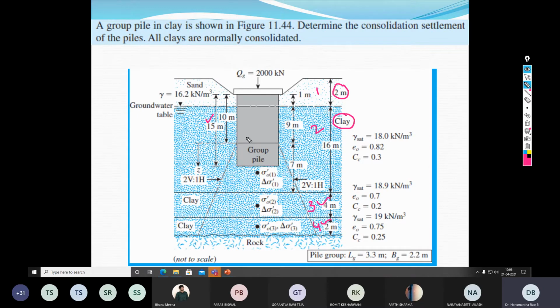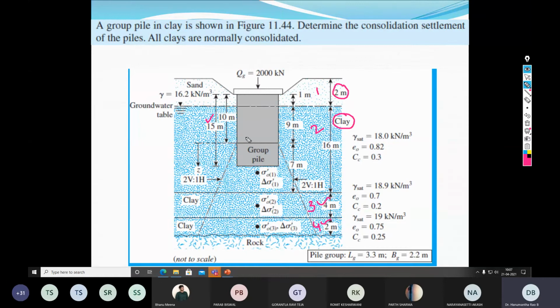Now, if you look at the philosophy of the consolidation settlement calculation in clay, we have discussed 3 cases. Case 1 where the pile is embedded relatively in strong strata, case 2 where partially it is weak strata and partially hard strata, and case 3 where the entire pile length is embedded in the weak soil strata.